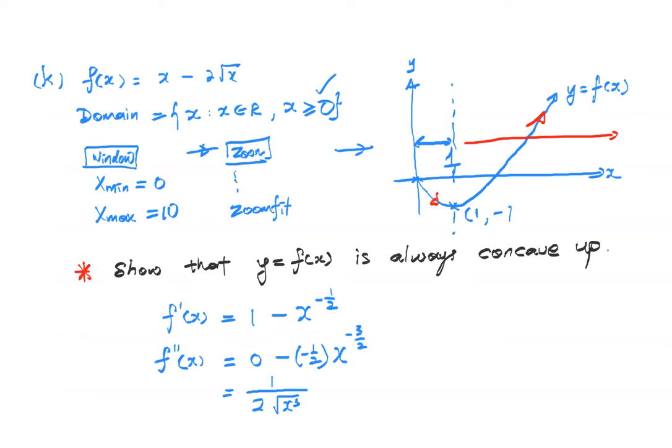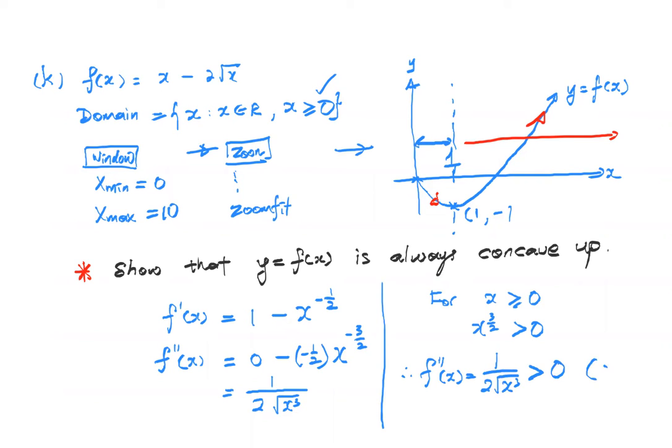Am I right? Okay, so now we start to show for x greater than or equal to 0. x to the power of 3/2 always greater than 0. Am I right? So therefore, my f double prime x, which is a positive divided by a positive, will give me positive, correct?